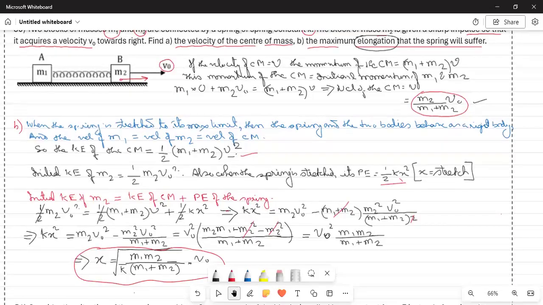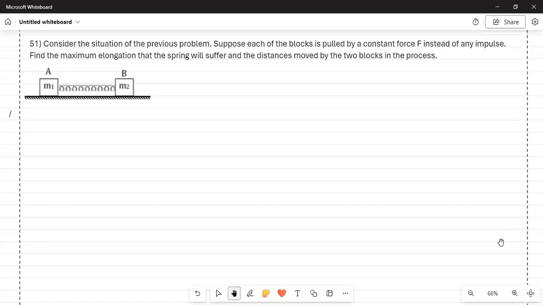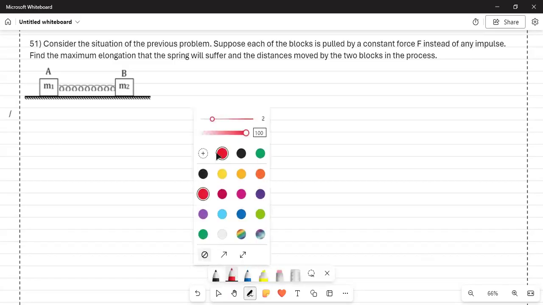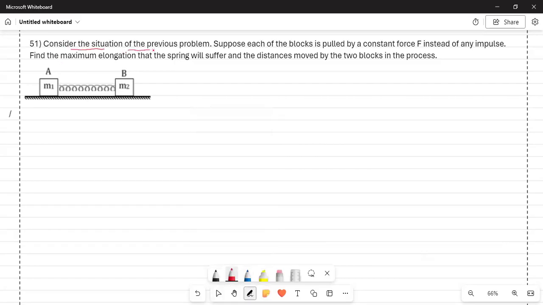Now we shall go to the next question. We now go to problem 51. We take the problems one after the other, because problem 51 says at the very beginning: consider the situation of the previous problem.